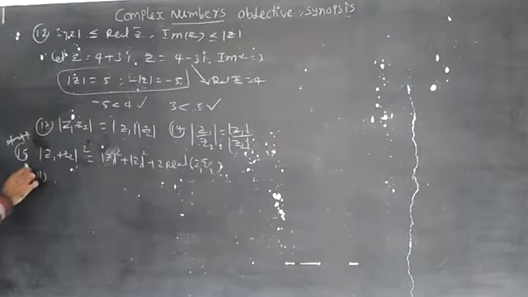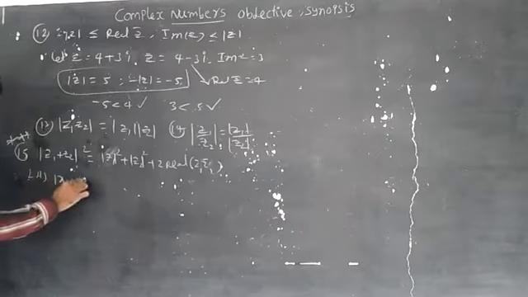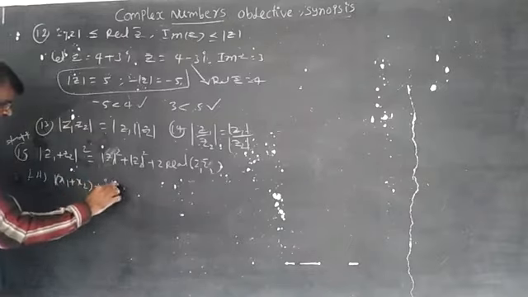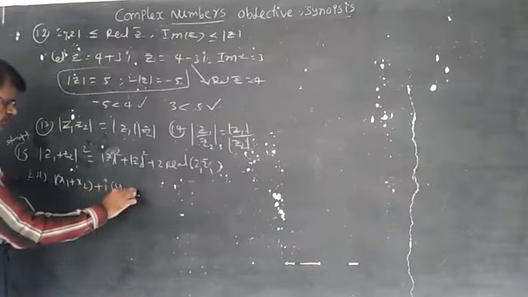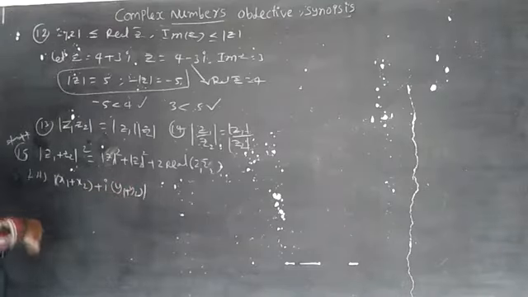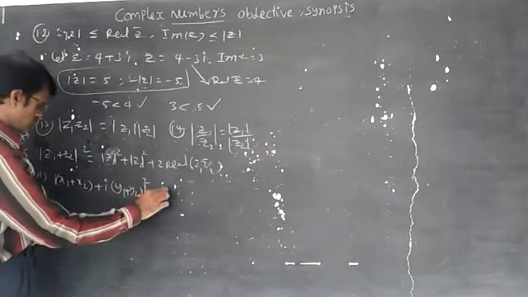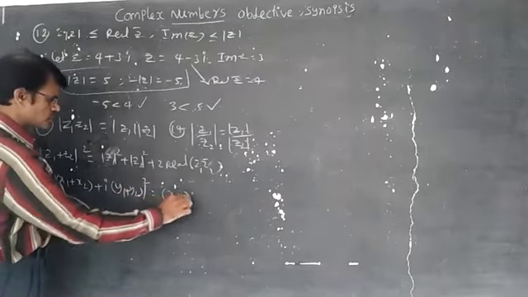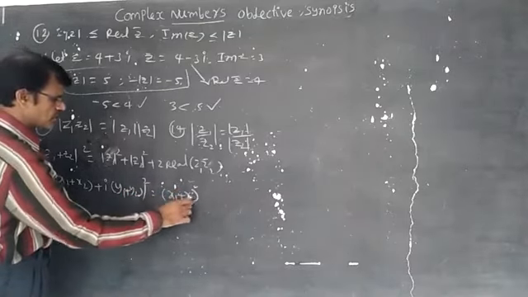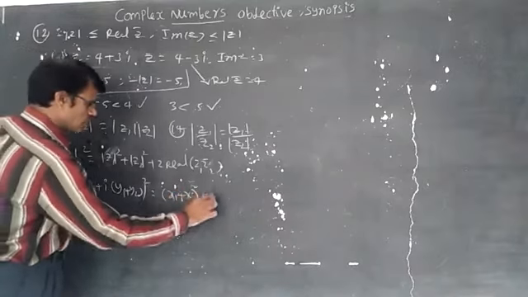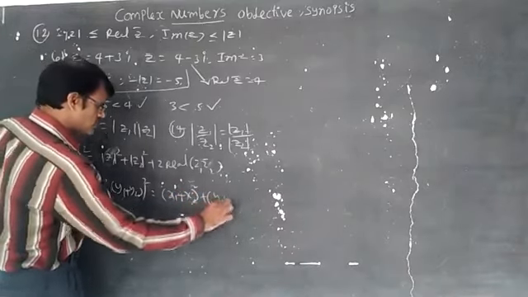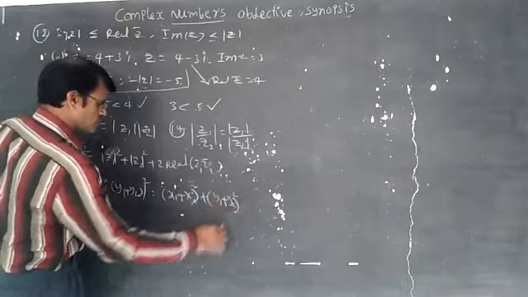LHS we take: modulus of Z1 plus Z2 whole square. So you can write x1 plus x2 plus i into y1 plus y2, whole square over modulus. We know that the modulus whole square is component square plus component square. So x1 plus x2 whole square plus y1 plus y2 whole square.